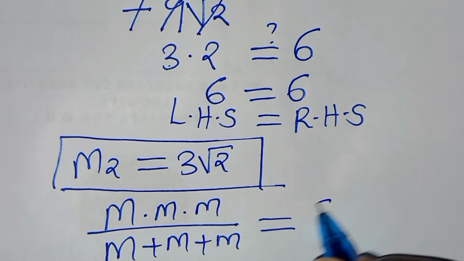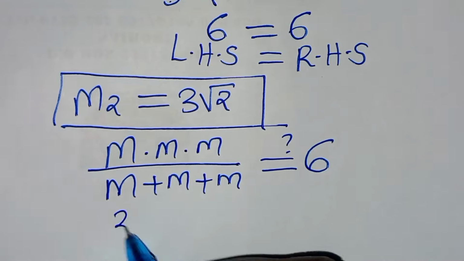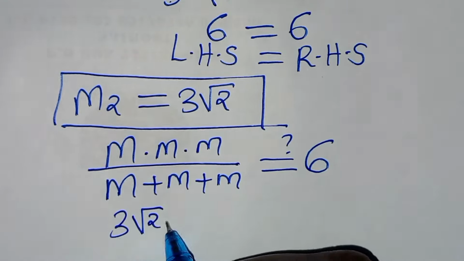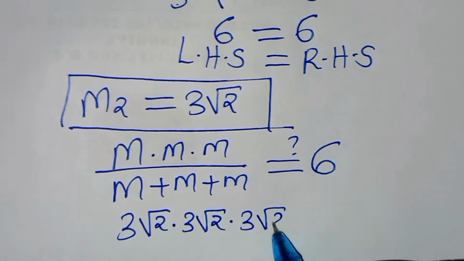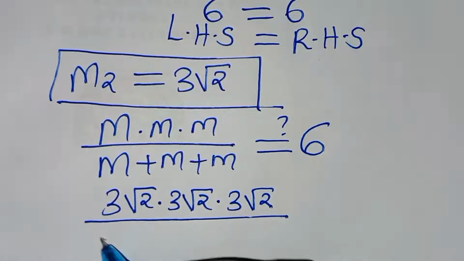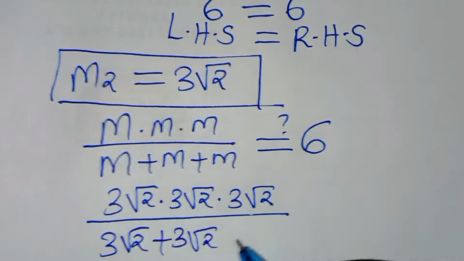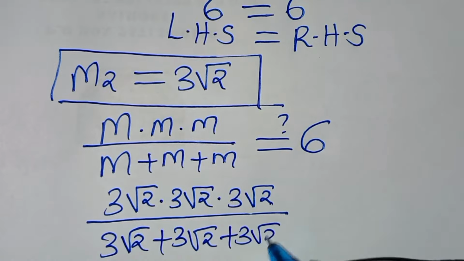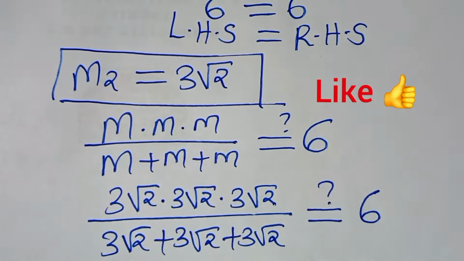This is supposed to give us a value of 6. So this is 3 square root of 2 times 3 square root of 2 times 3 square root of 2, divided by 3 square root of 2 plus 3 square root of 2 plus 3 square root of 2. This is supposed to give us a value of 6.